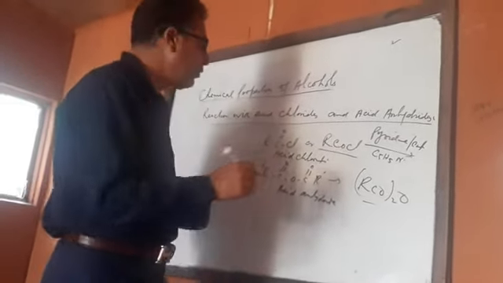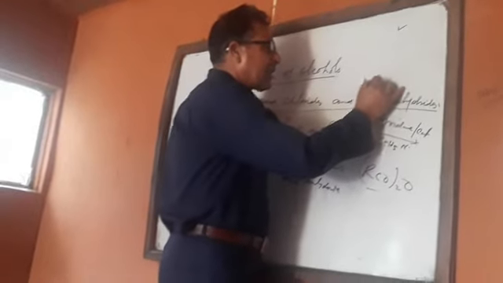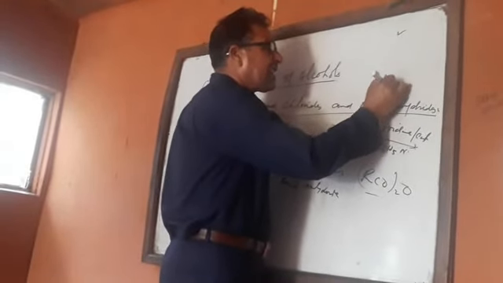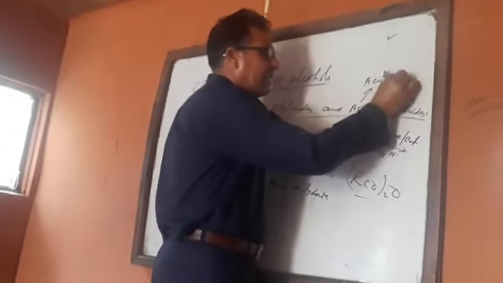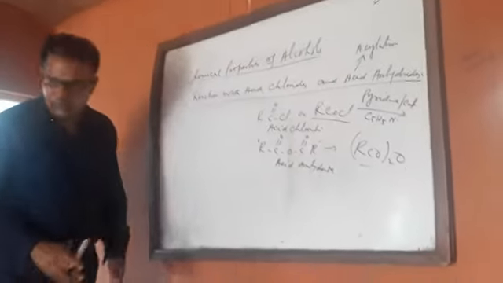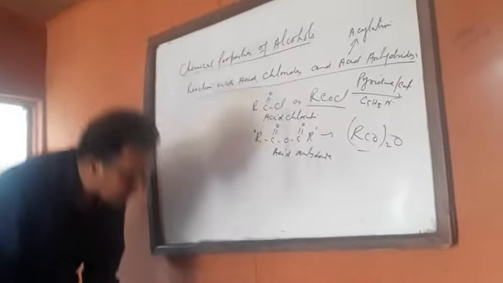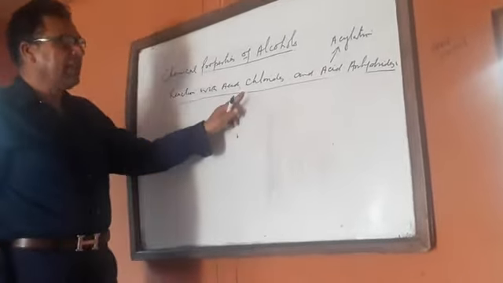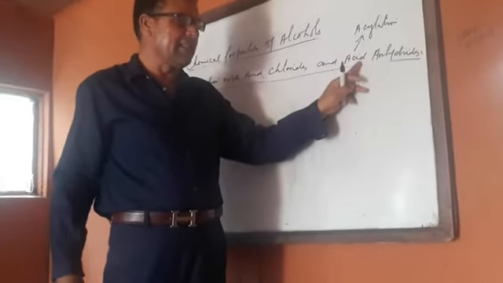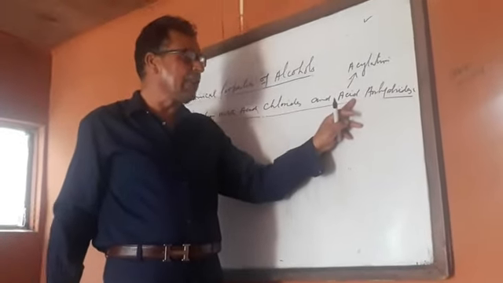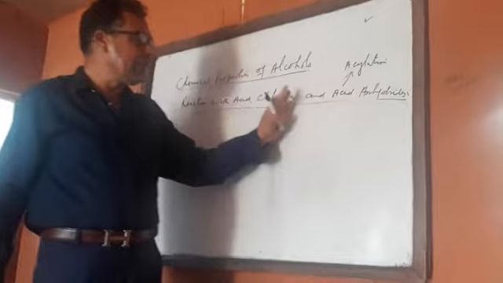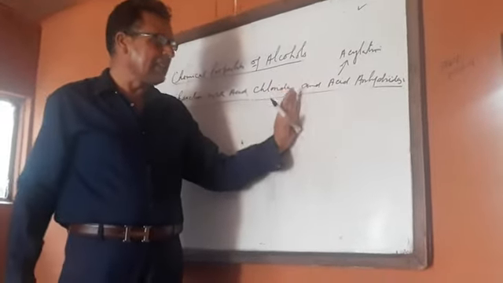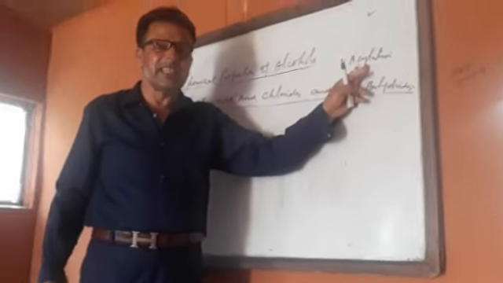I said alcohols react with acid chlorides and acid anhydrides to form corresponding esters in the presence of pyridine as a catalyst. This reaction is known as acylation.